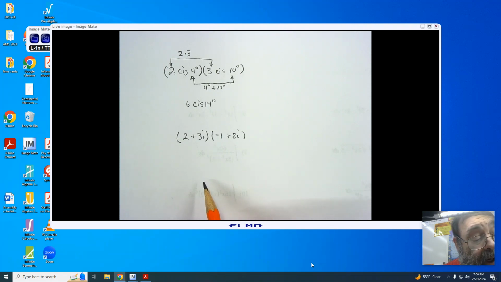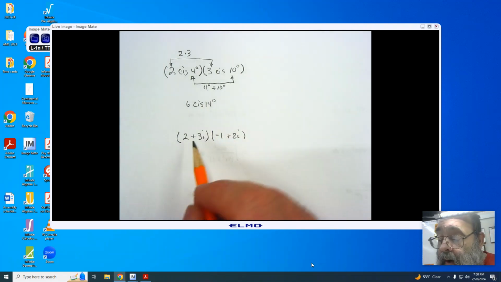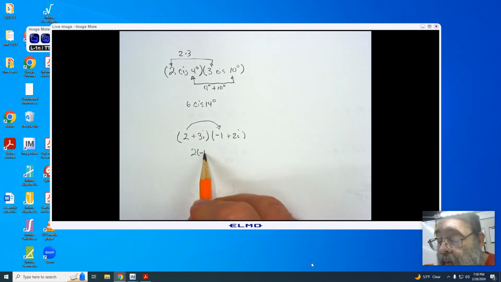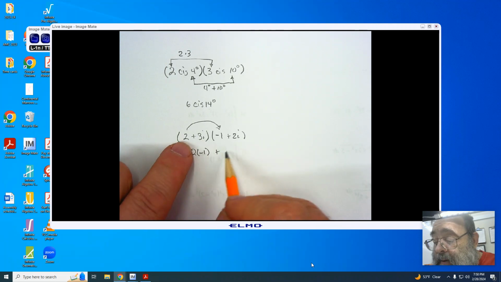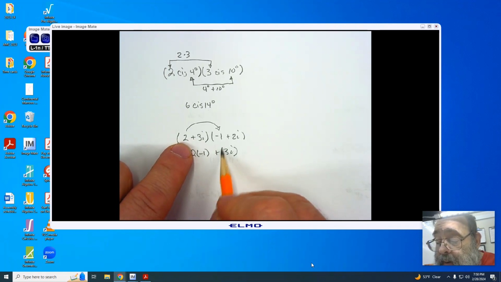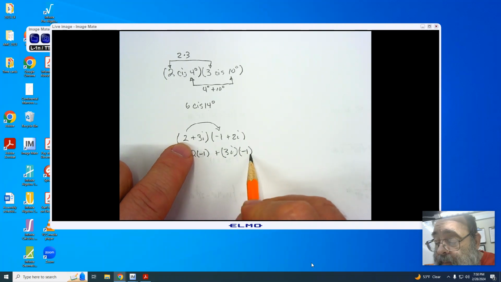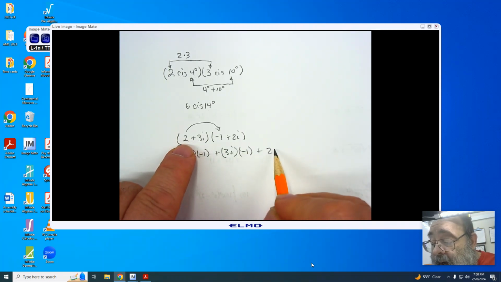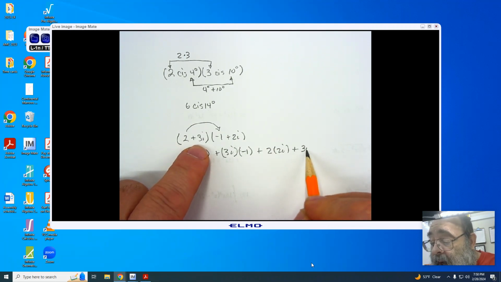Let's do our FOIL: first, outer, inner, last. So we're going to have 2 times negative 1, 3i times negative 1, then plus 2 times 2i, plus 3i times 2i.